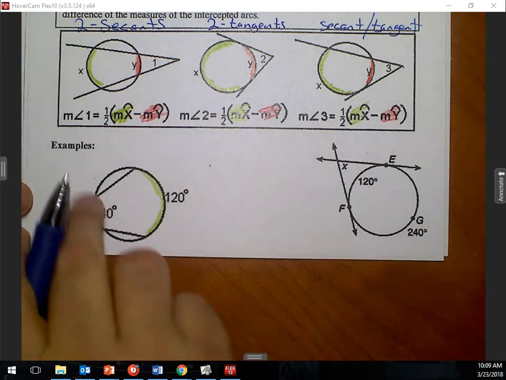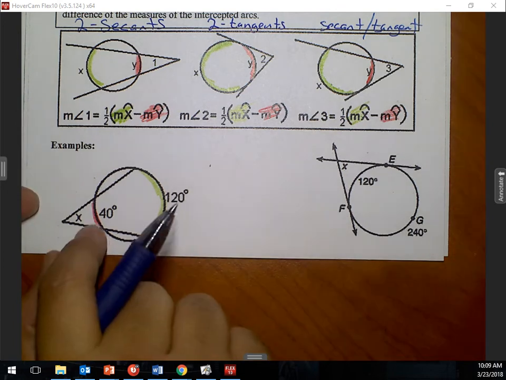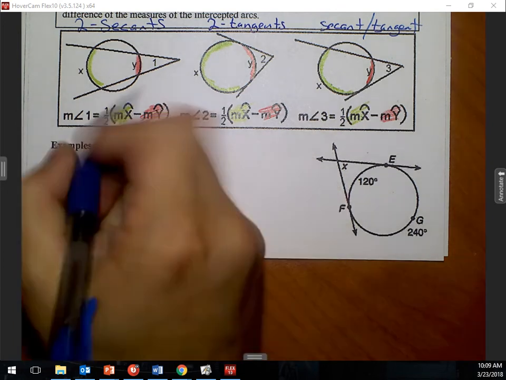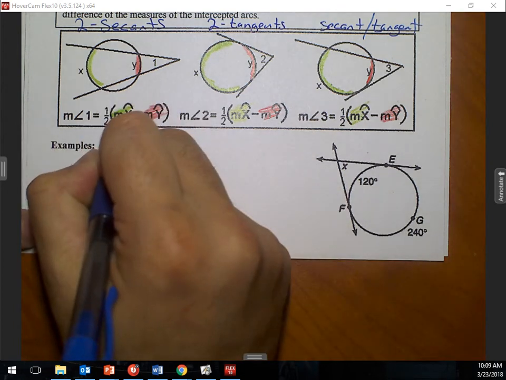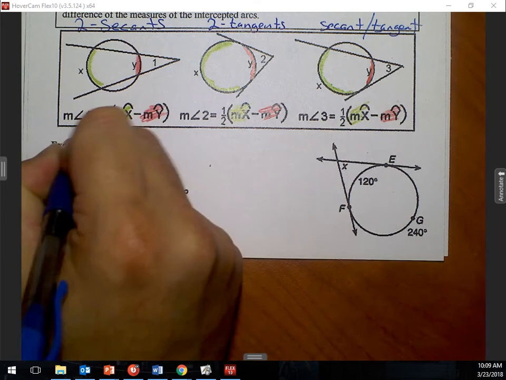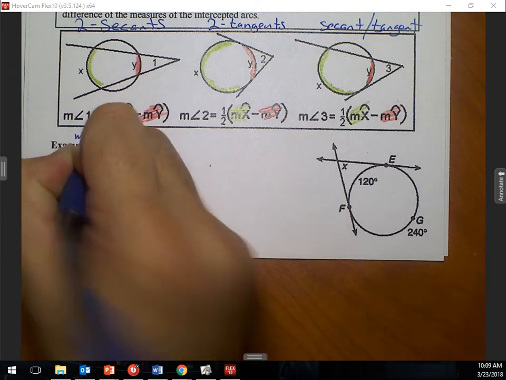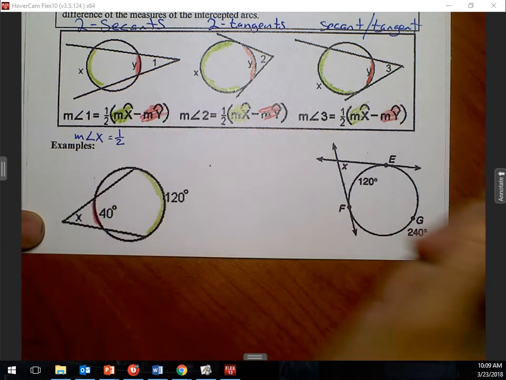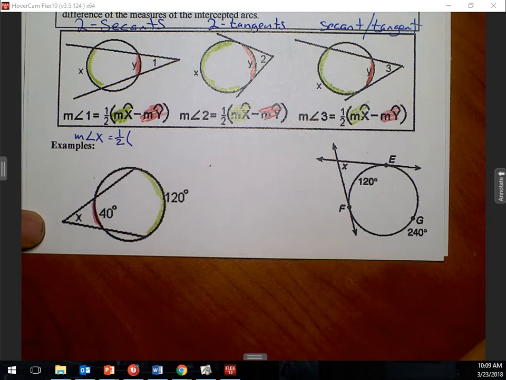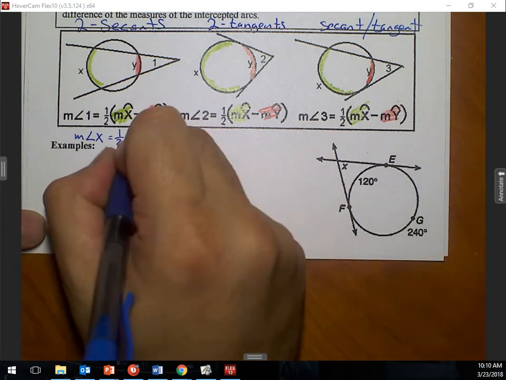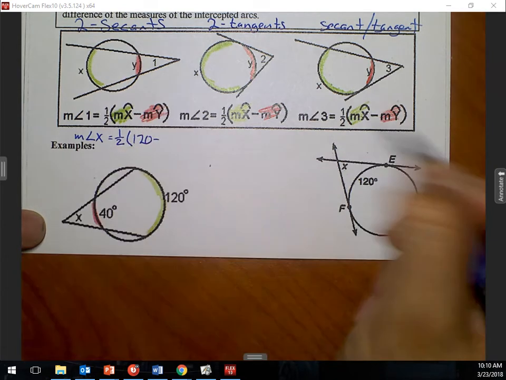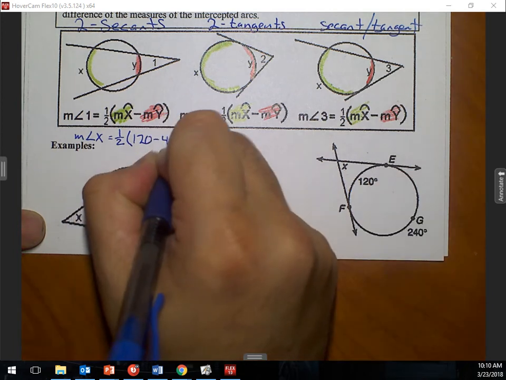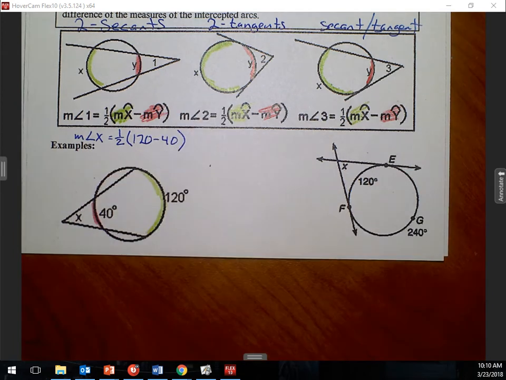All right, so now let's go ahead and do this one. So from right here, it's going to be my formula, 1/2. So measure my angle, this one's X. 1/2, parentheses, what value goes first? 120 minus, very good.